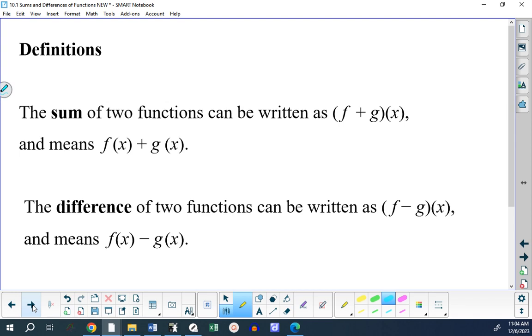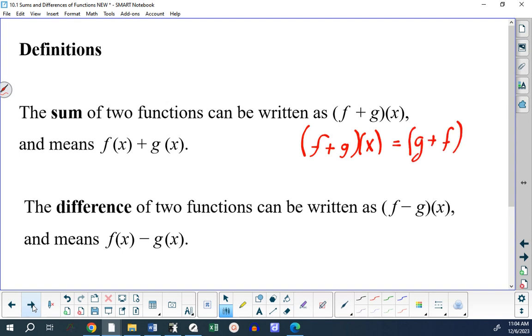Yes. So I'm pointing out to you, and you can add this if you like, that (f+g)(x) is equal to (g+f)(x). They're the same. But (f-g)(x) is not the same as (g-f)(x).